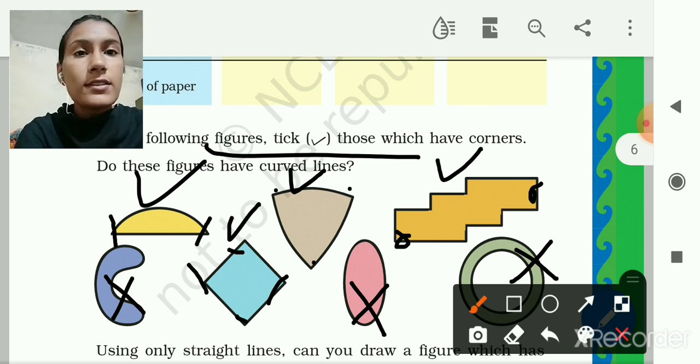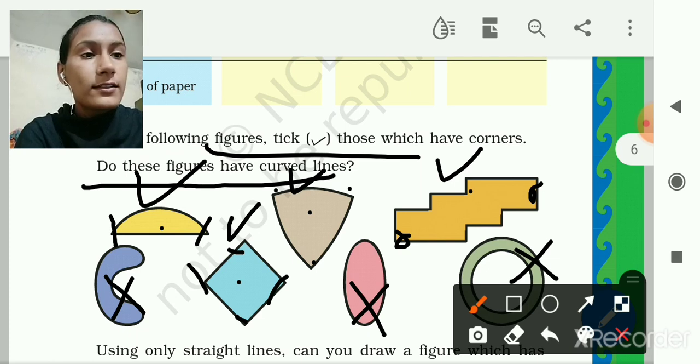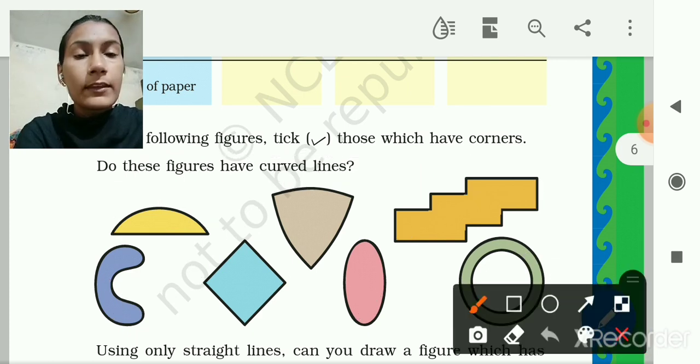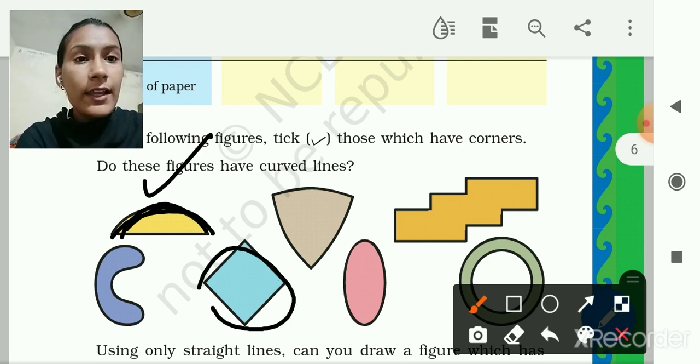The next one is, do these figures have curved lines? See, these 4 figures. This one, is there a curved line? Yes, so this figure has a curved line. In this figure, is there any curved line? No, only corners.